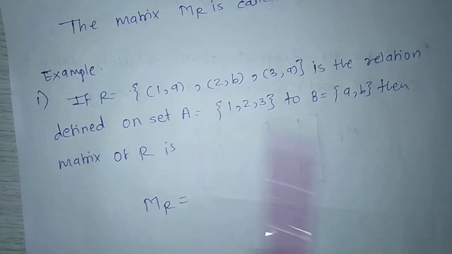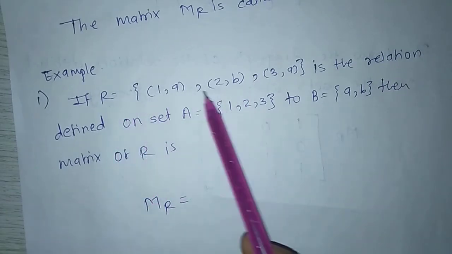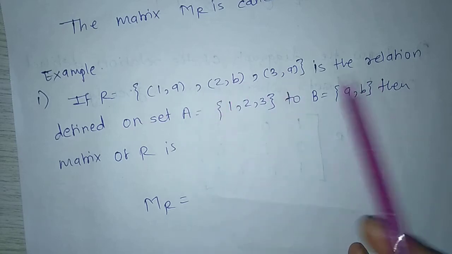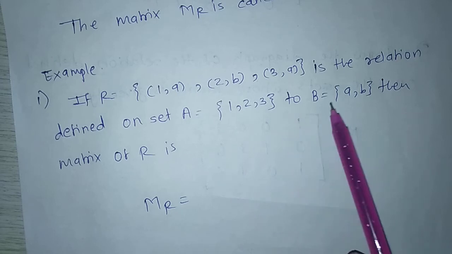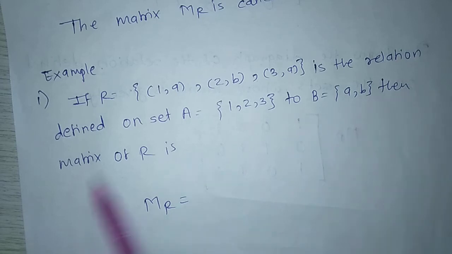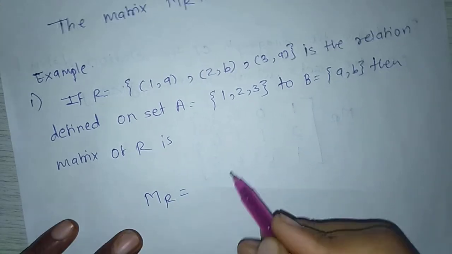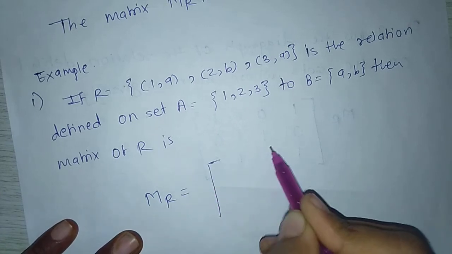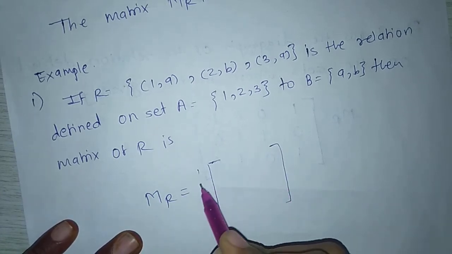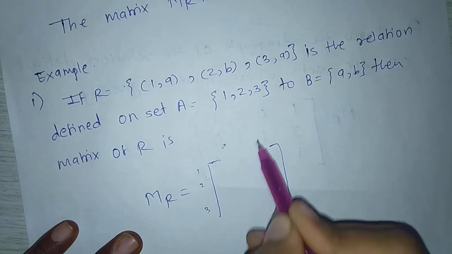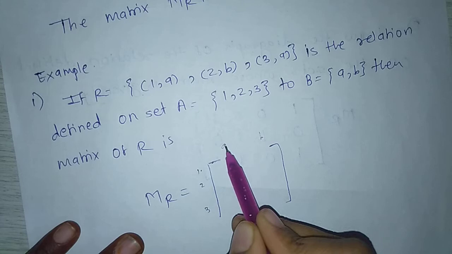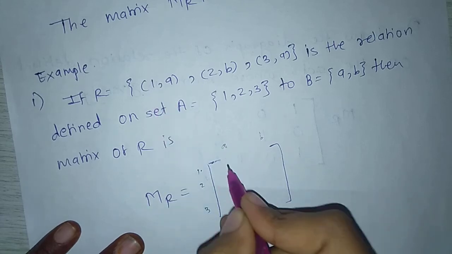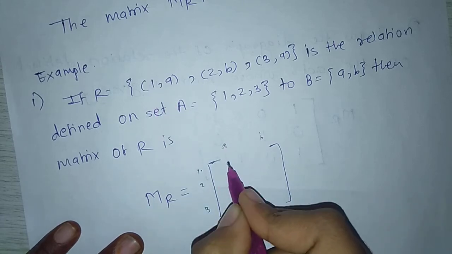Here, if R equals {(1,a), (2,b), (3,a)} is the relation defined on set A equal to {1, 2, 3} to B equal to {a, b}, then the matrix of R is MR. Suppose here 1, 2, 3 are the rows and a, b are the columns. Here (1,a) belongs to R. Therefore, this entry must be 1.